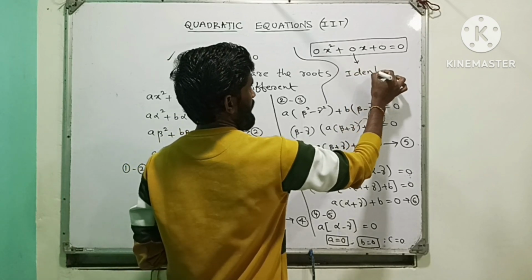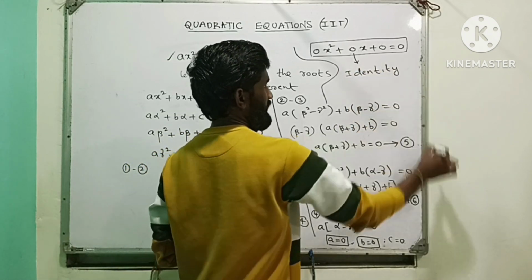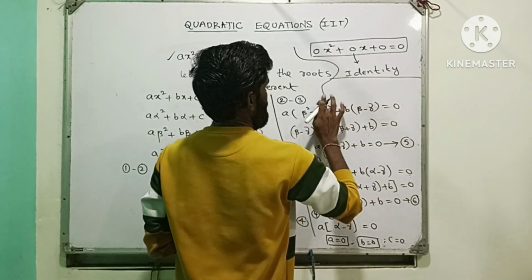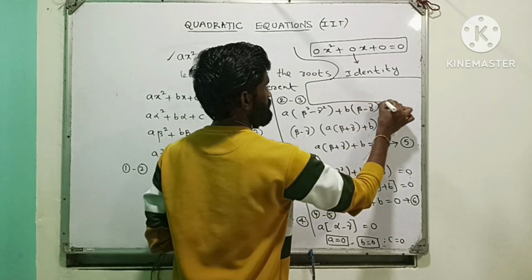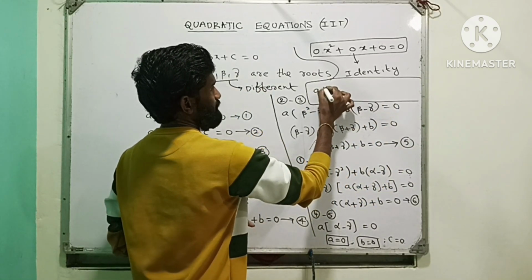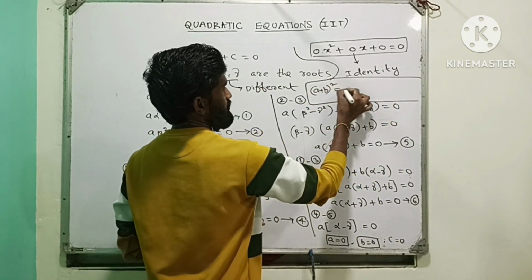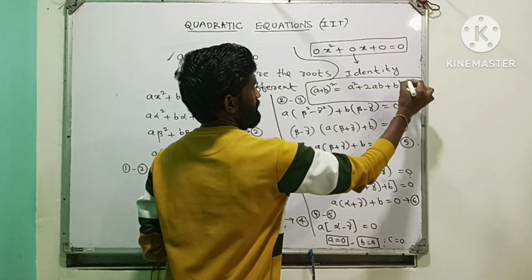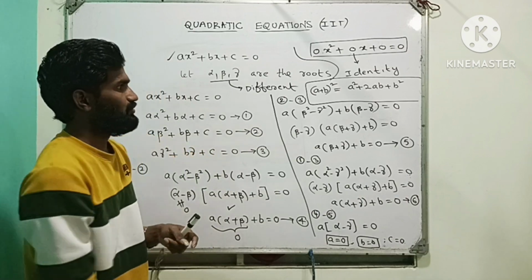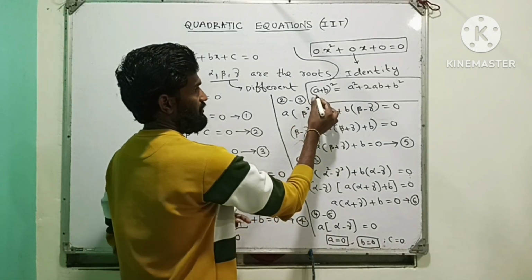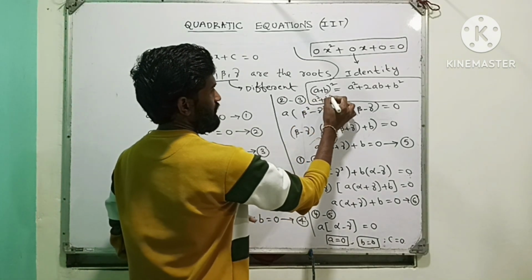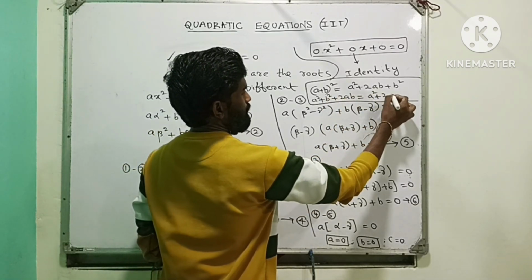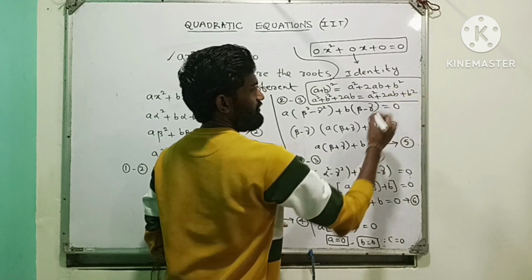What is an identity? We already know. Just observe here, I will tell you. What is a plus b whole square? a plus b whole square is a square plus 2ab plus b square, right? Now just expand this one: it is a square plus b square plus 2ab, which equals a square plus 2ab plus b square.